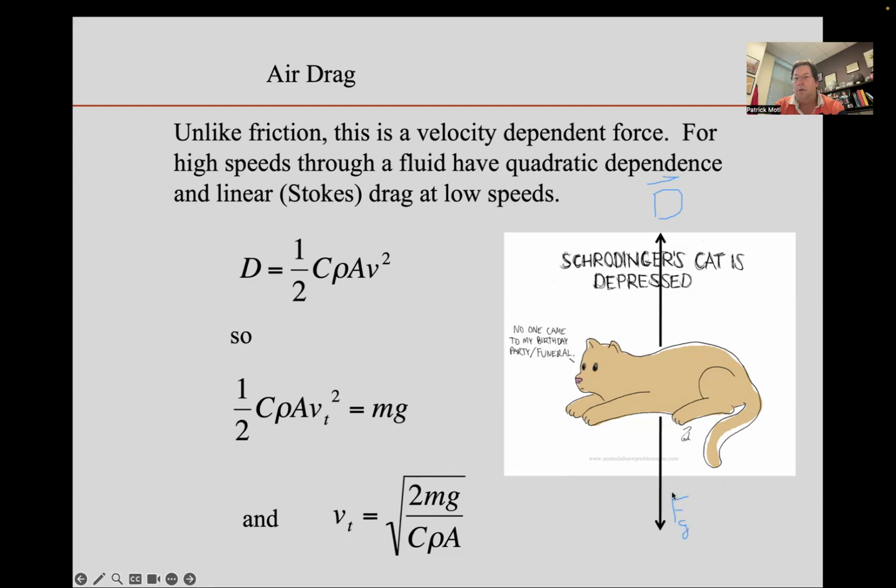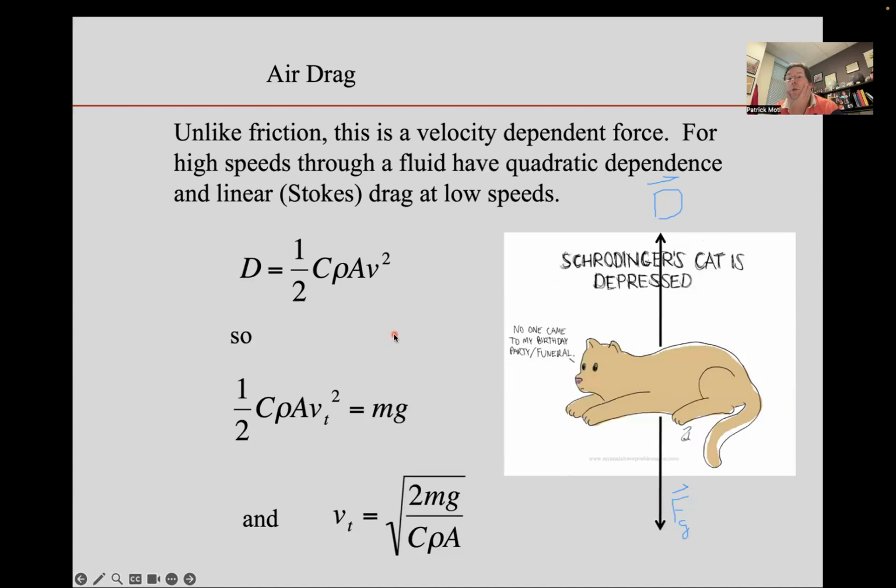And when those two forces are equal to each other, so the speed has gotten great enough that the drag force cancels out the weight, then you're in the regime of Newton's first law of motion. There is no net force, so you move at a constant velocity. And so once you're going fast enough that the drag force is as big as the weight, then you're at your terminal speed. You're not going to speed up anymore. Drag force isn't going to get any bigger, and obviously your weight isn't changing.